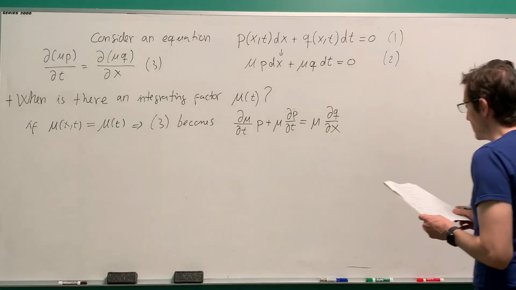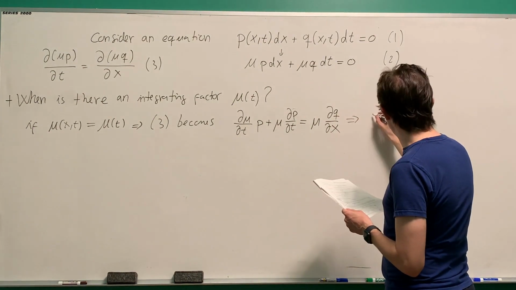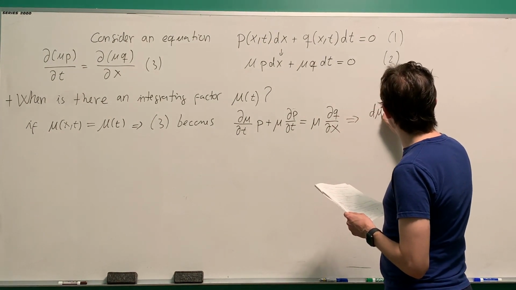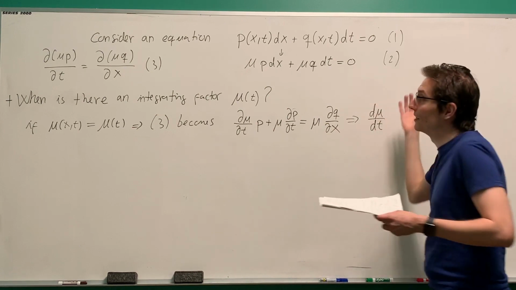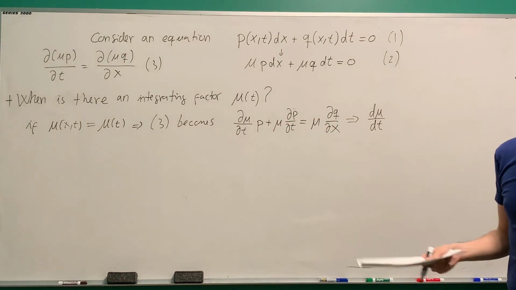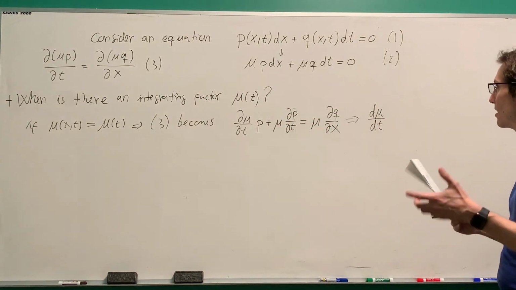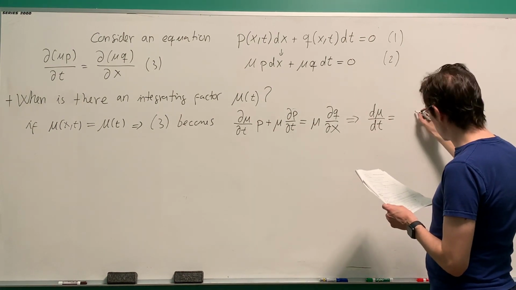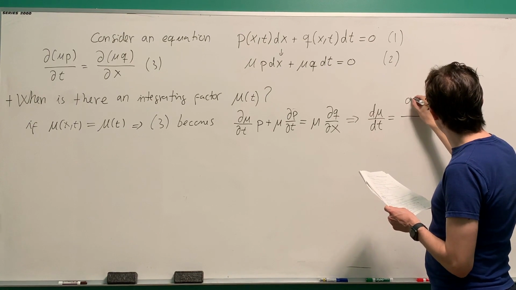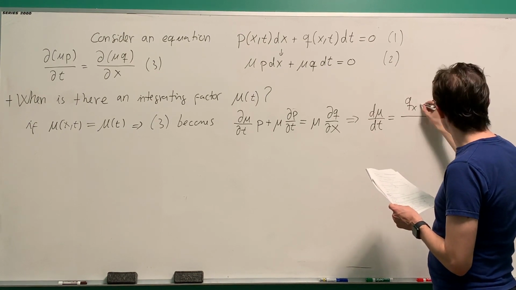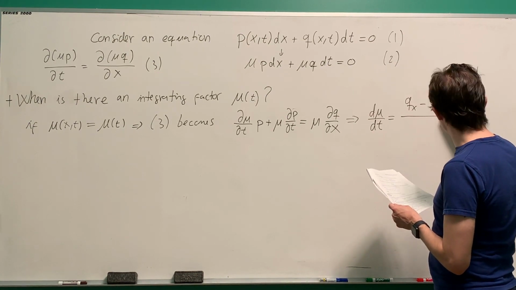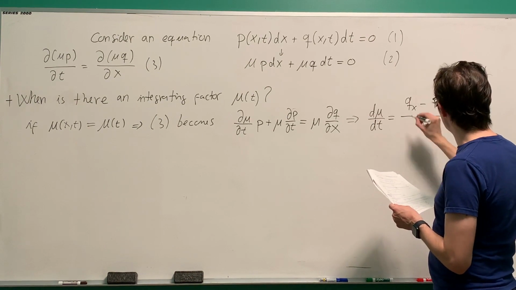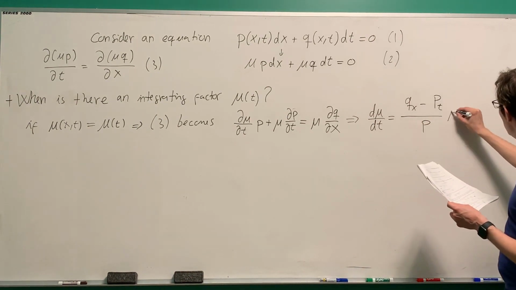Same as before, we find that partial mu, partial t, which I write as a total derivative because t is the only variable mu depends on in this assumption, is q with partial with respect to x minus p partial with respect to t, divided by p this time, multiplied by mu.